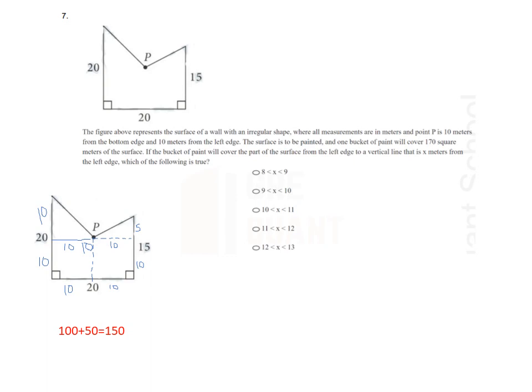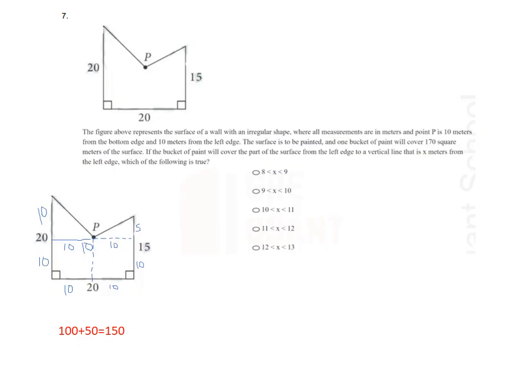And what is the area of the upper left triangle? That is half multiplied by 10 multiplied by 10. So we get 10 by 2 equal to 5 and 5 multiplied by 10 equal to 50. So the area of the left portion of P is 150.